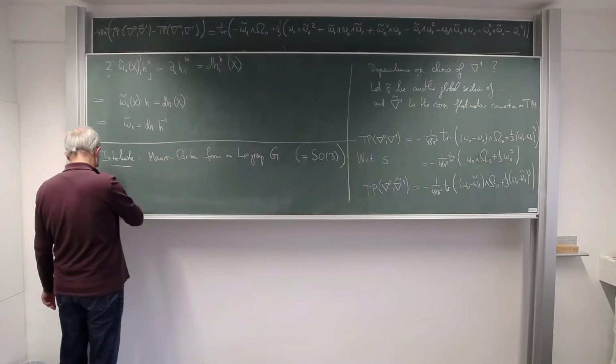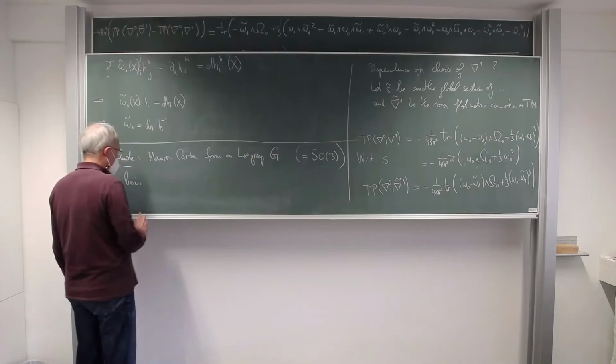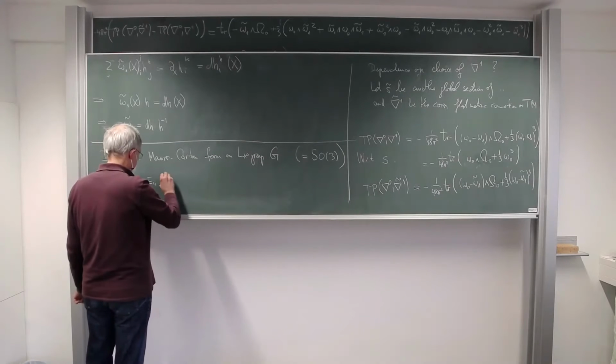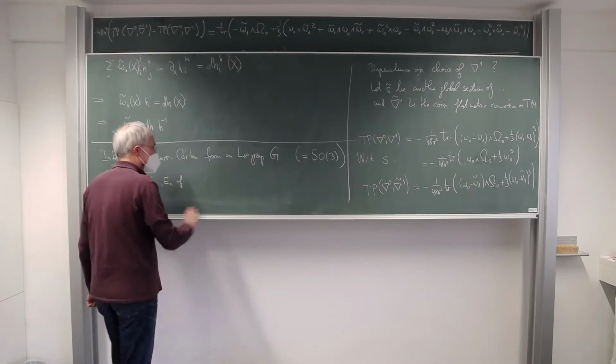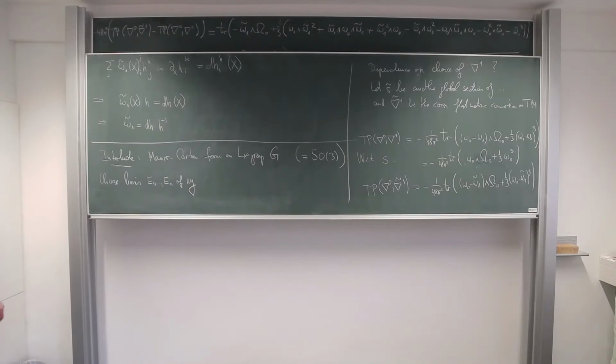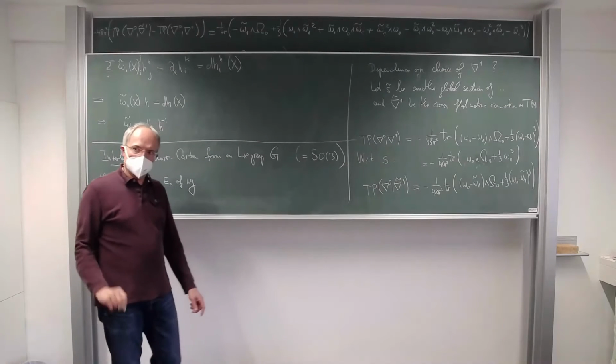So choose a basis, and we call it E1 up to En, of the Lie algebra of G. Now we can extend this basis to vector fields on the Lie group by either left or right translation.